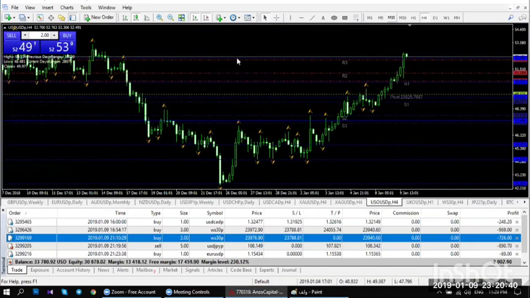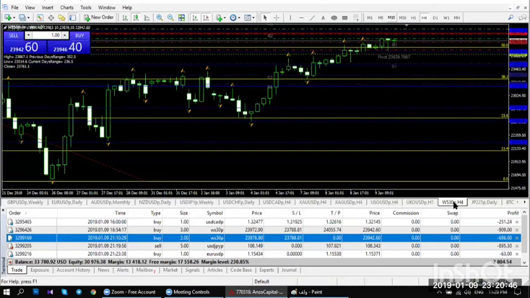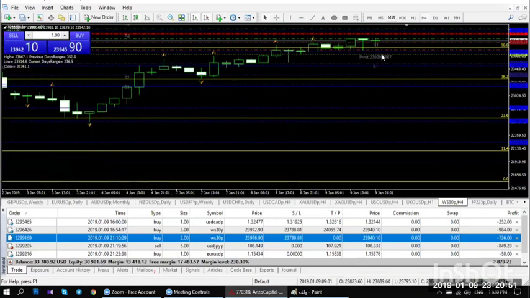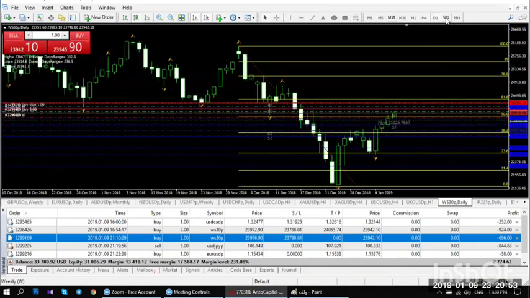Other examples. Excuse me. Can you please explain this again? Alright. You see, this is our Fibonacci, right? In 50 level, we have.